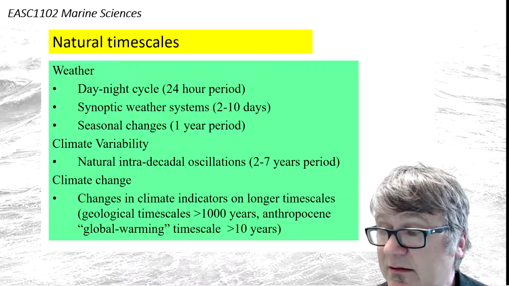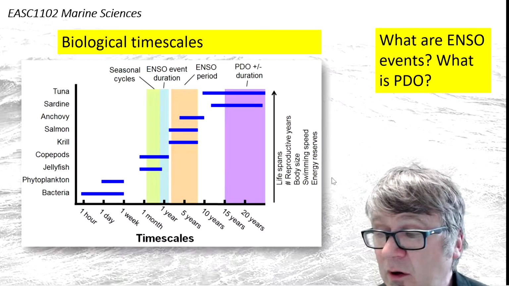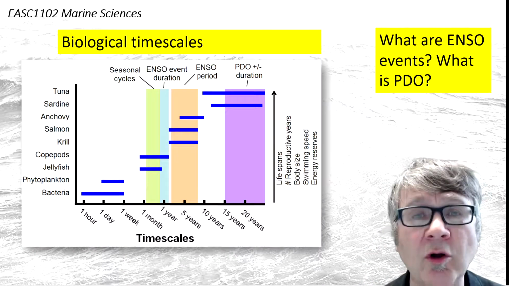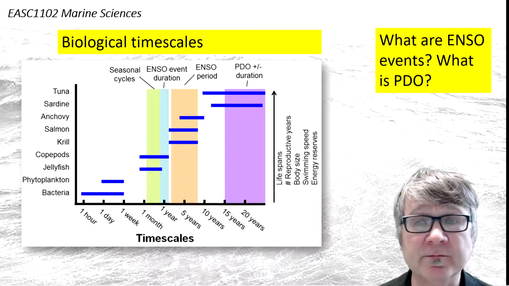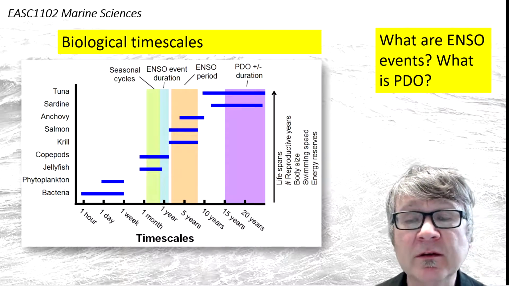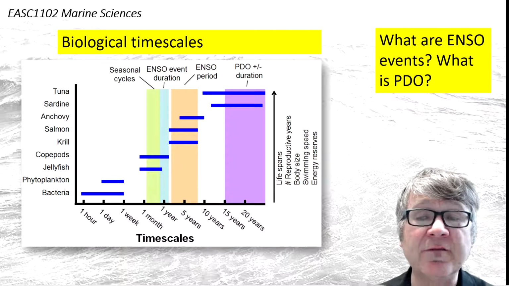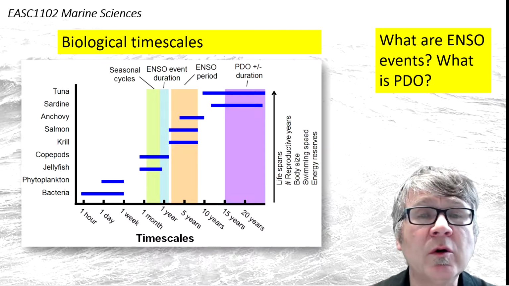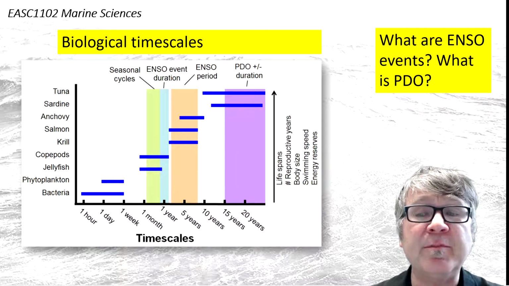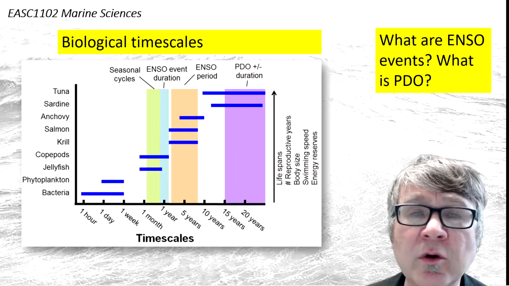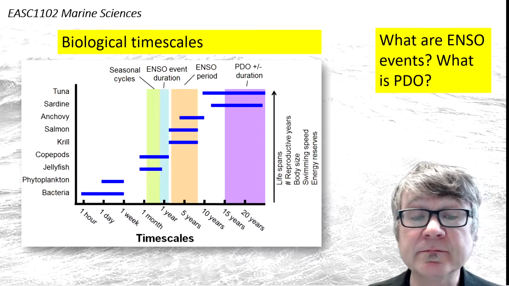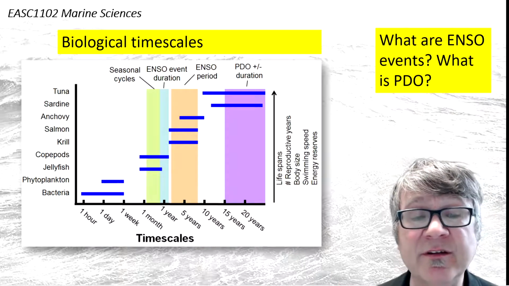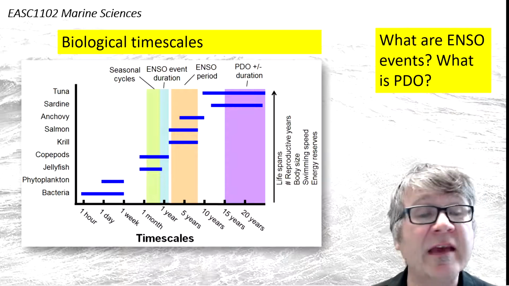So now on the next slide, we actually try to bring the biological timescales into context with physical timescales. So what's shown here on the left axis, the y-axis, is marine species which are sorted according to the lifespan, the number of reproductive years, the body size, the swimming speed, and the energy reserves.